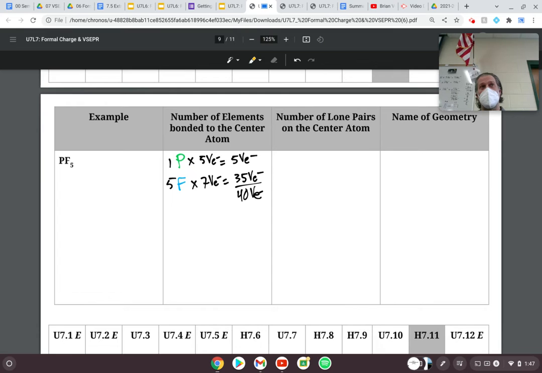Yes, isn't it something to do with the octet? It's called the expanded octet. What that means is that phosphorus and the nonmetals after it have the potential to have an expanded octet, meaning they can have more than 8 electrons around them.